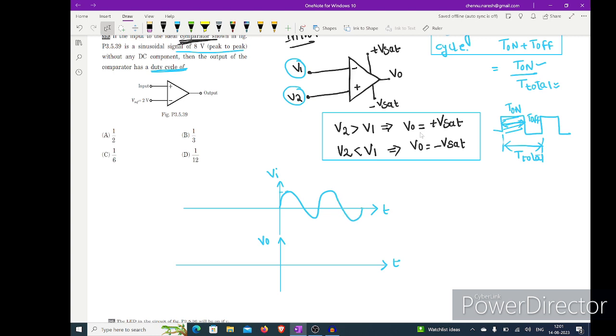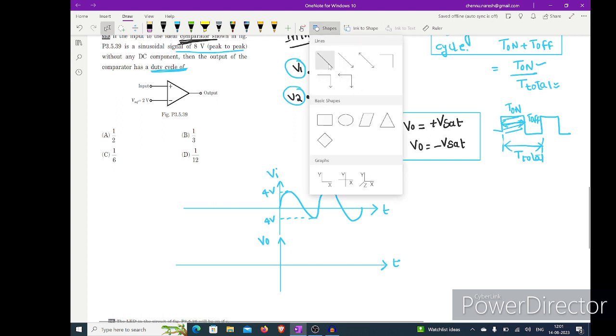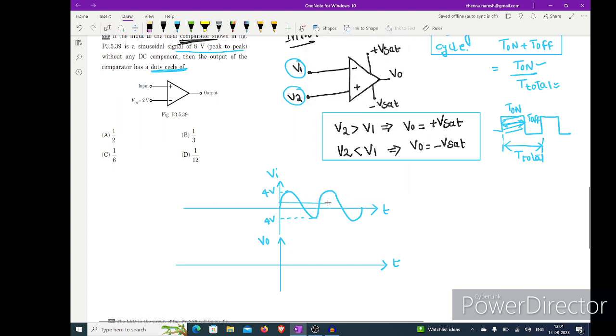Here they mention this is 8 volt peak to peak. So in that case the peak is 4 volts. This is the input Vi given, and they are comparing with a 2 volt reference.